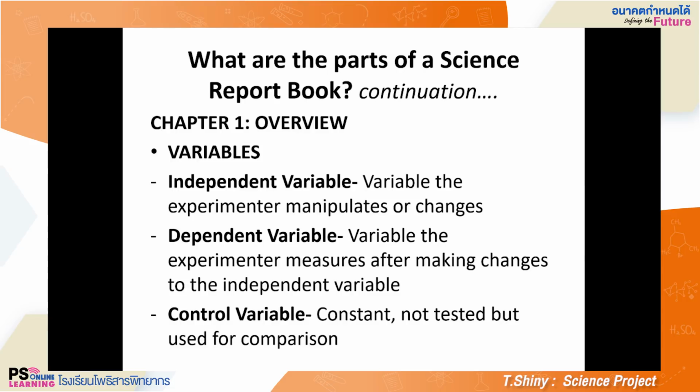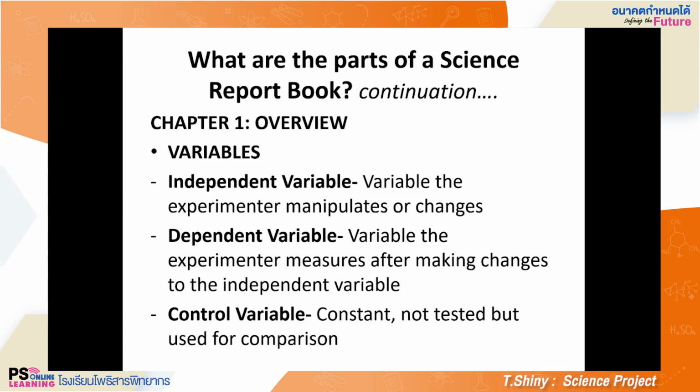Most of my students struggle with these types of variables. They couldn't actually tell the difference among these three. Now, what is an independent variable? So the definition of independent variable is the variable the experimenter manipulates or changes. So it's a part of the experiment that the experimenter or the scientist is changing. That is the independent variable.